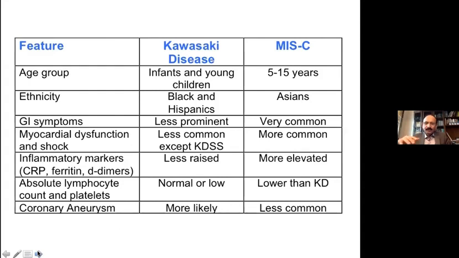It's important to differentiate this condition from Kawasaki disease because this tends to occur in older children between 5 and 15. Kawasaki disease occurs in infants and young children. And remember, GI symptoms are very common with MISC. Myocardial dysfunction is more common, and inflammatory markers are also significantly more elevated, while coronary aneurysms tend to be less common.